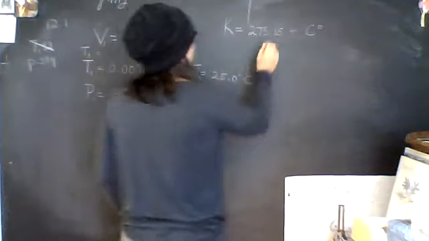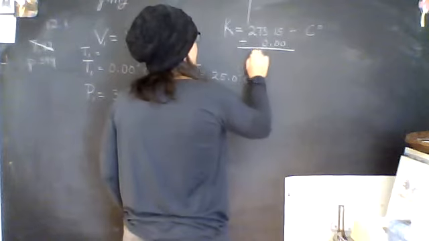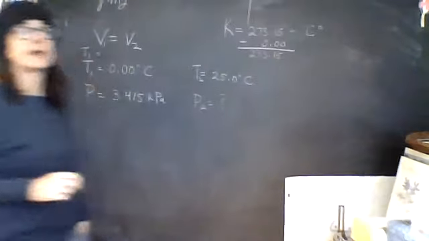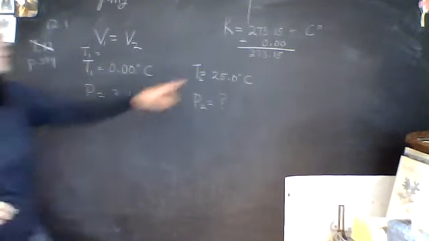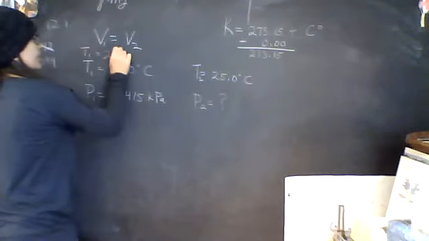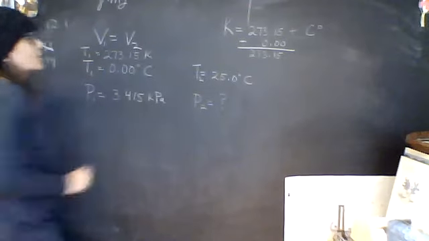Because we are given our T1 in hundredths of a degree, we can retain that precision for Kelvin. So it's 273.15 K. We don't use the degree symbol with Kelvin.